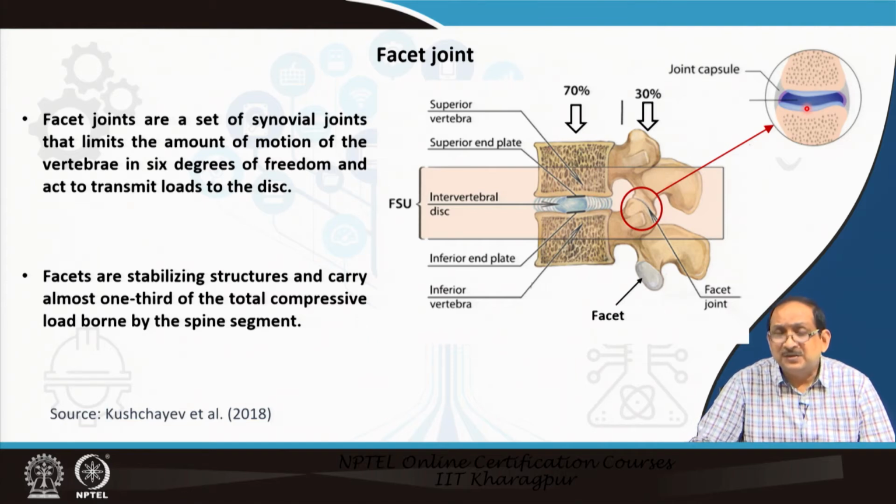The facets which form the facet joints are basically stabilizing structures and carry almost one third of the total compressive load borne by the spine segment.